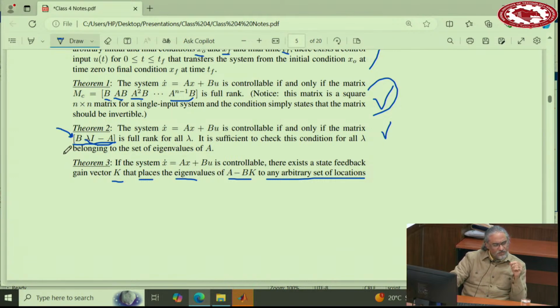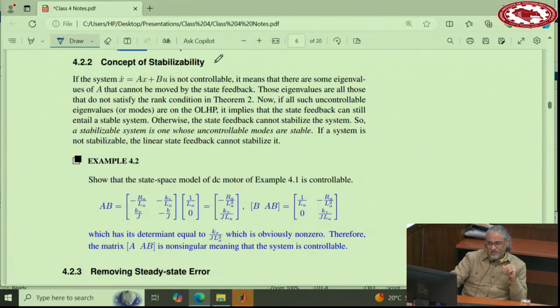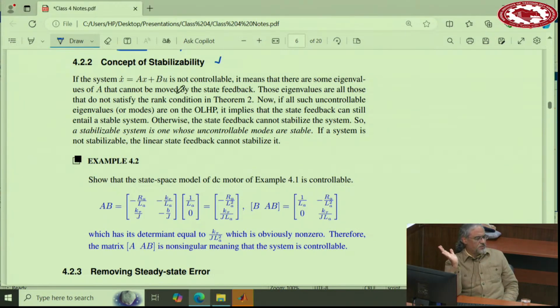Now, if that eigenvalue is already in the stable region of the complex plane, you say, all right, I cannot move this one, but I can move the others. But if it turns out that the one that you cannot move is on the right side of the complex plane, which is unstable, this is the worst case scenario. State feedback cannot solve your problem. So this is the concept of stabilizability. If there is an eigenvalue which is on the right side and is not controllable, we say this system is not stabilizable using a state feedback.